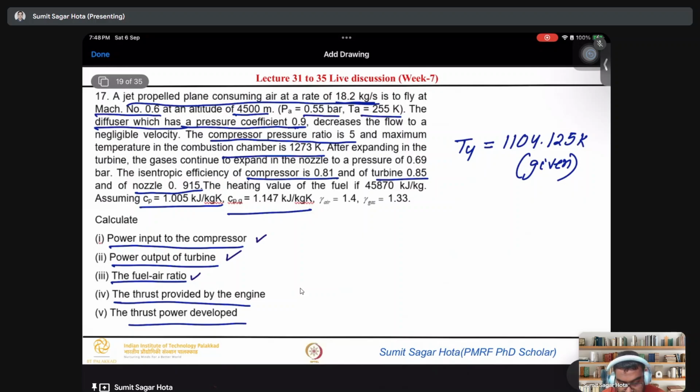In the question it's given that after expanding in the turbine, the gas continues to expand in the nozzle to a pressure of 0.69 bar.